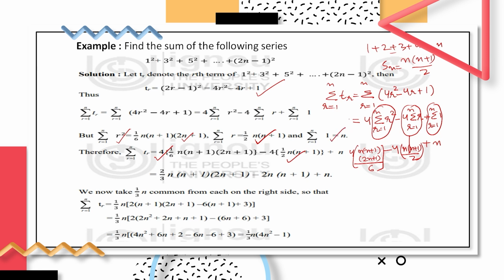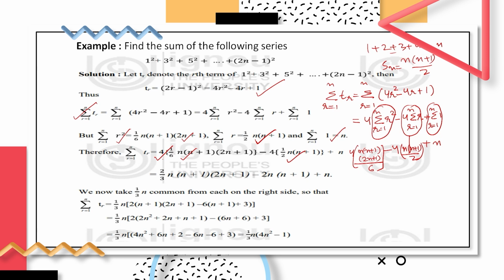As a result of which, this expression will be finally resolved into this expression, wherein 4 into 1 by 6 n into n plus 1 into 2n plus 1 minus 4 into n by 2 into n plus 1 plus n.